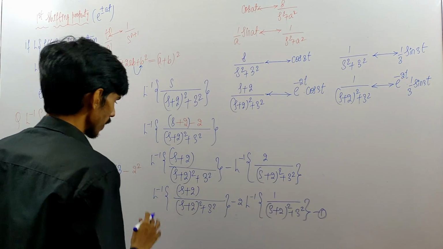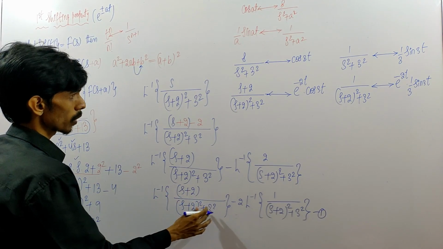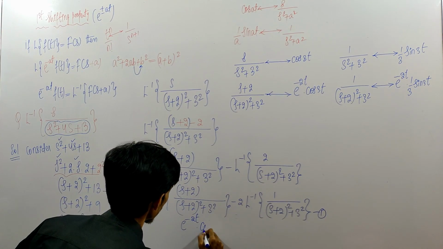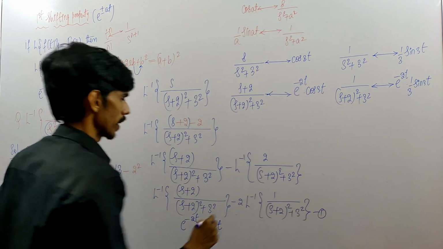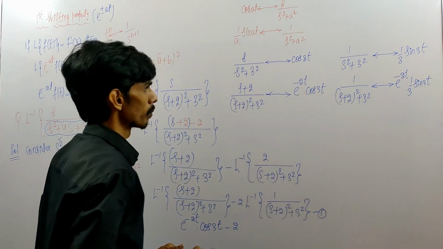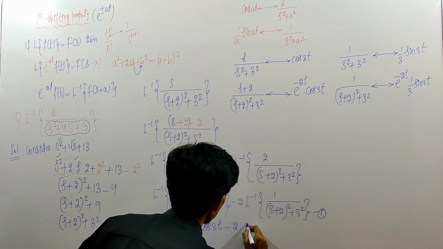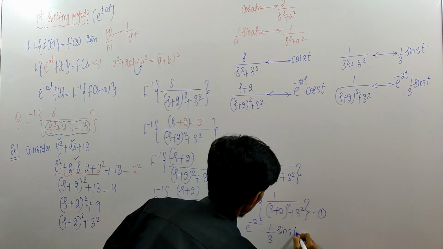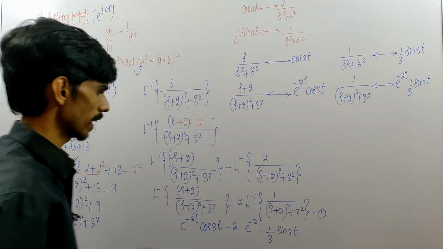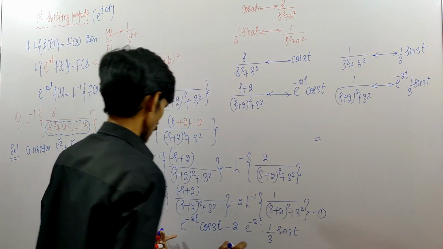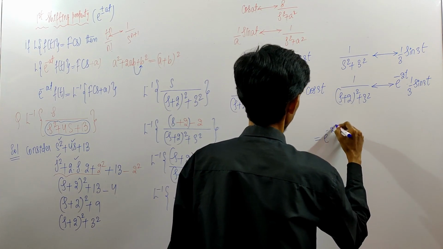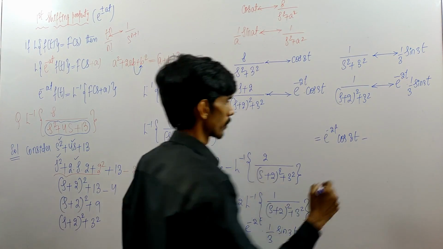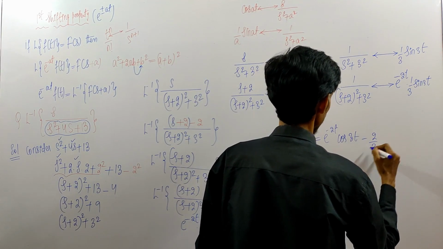Now writing down here, L inverse of (s plus 2) by (s plus 2) whole square plus 3 square, value is e power of minus 2t into cos 3t. Here we have minus 2 into its value, e power of minus 2t into 1 by 3 sin 3t. So the final answer is e power of minus 2t cos 3t minus 2 by 3 sin 3t.